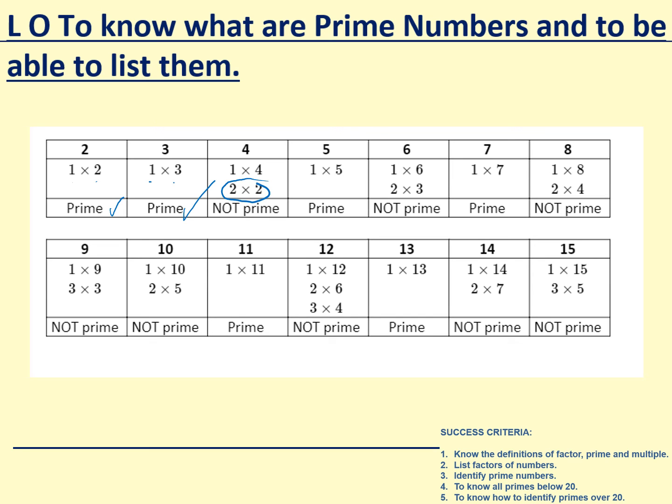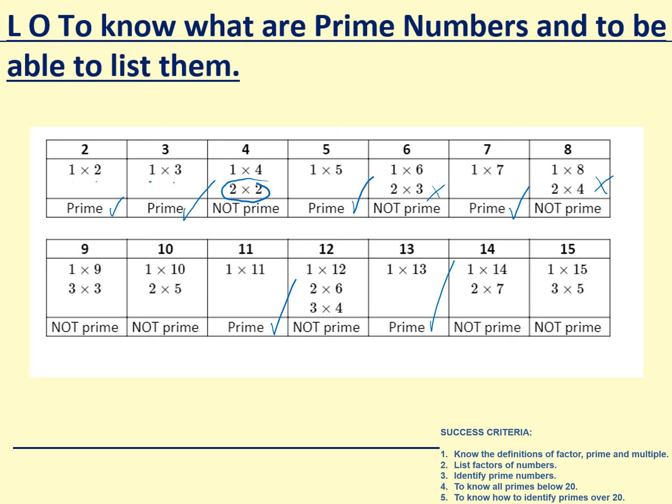It's a square number, so it has more than 2 factors. 5 is a prime because it has exactly 2 factors. 6 is not, 7 is, 8 is not because it can be made by multiplying 2 by 4, so it has more than 2 factors. 9 isn't, 10 isn't. The next primes are 11 and 13.